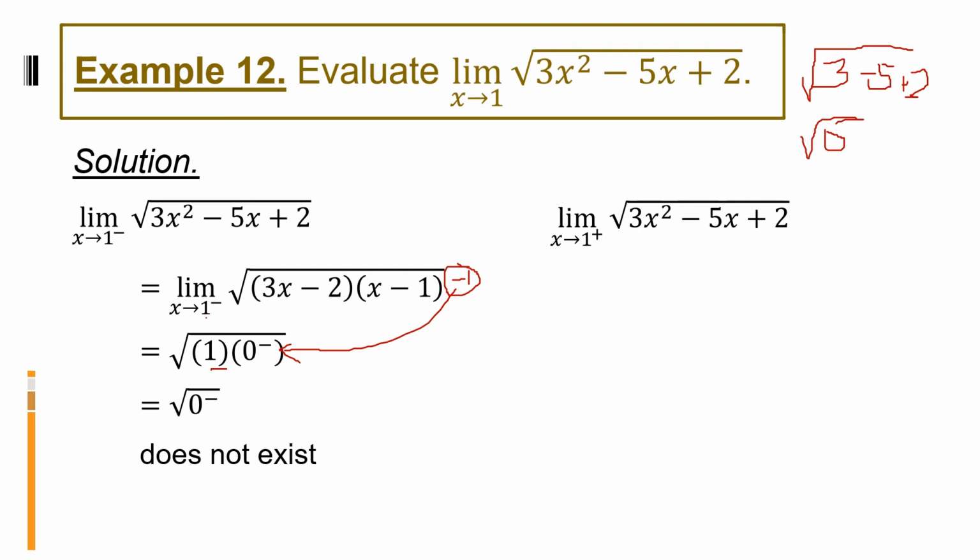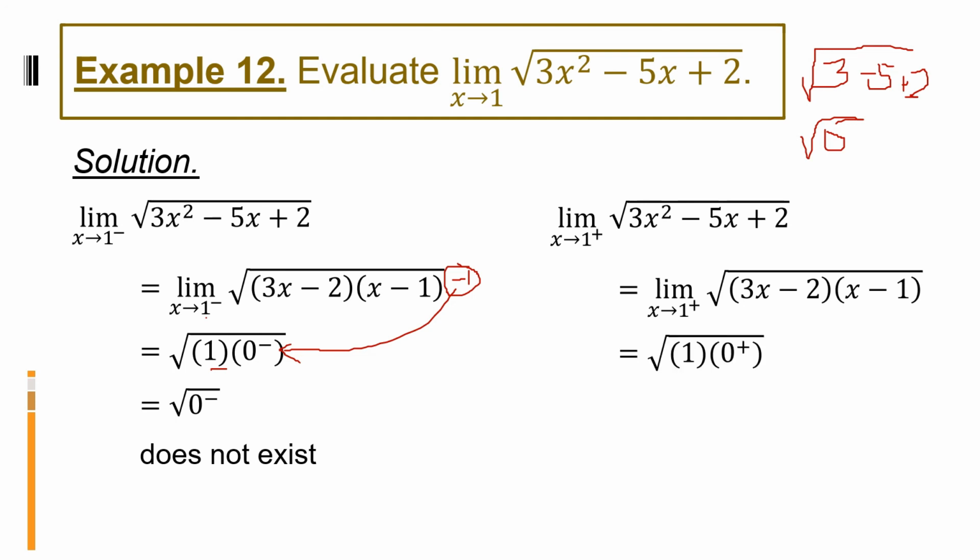Sa kabila naman, x approaches 1 from the right. So, ganun ulit, i-factor natin. By direct substitution, that is just equal to 1. And then, ito naman, maglagay tayo ng number, let's say 2. Nasa right siya ng 1. 2 minus 1 is 1. 1 is positive, kaya siya 0 positive. Positive times positive, that is equal to positive.